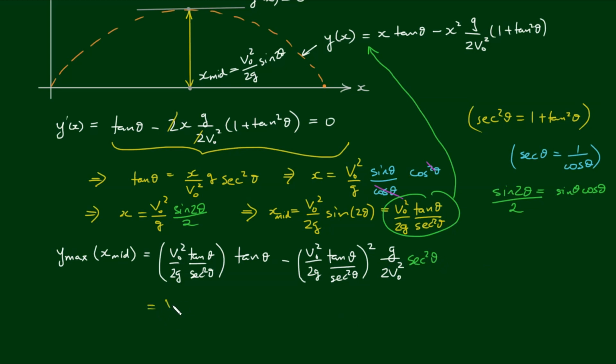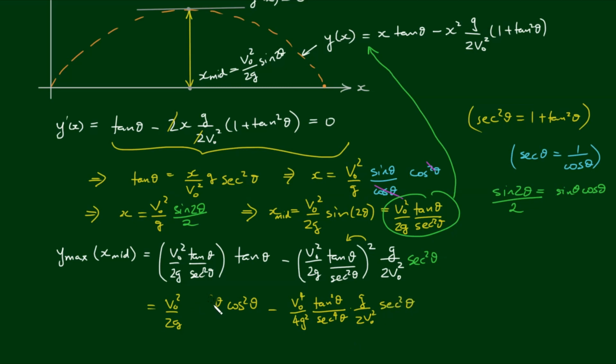Okay, simplifying, we've got v0 squared on 2g by tan theta times tan theta equals tan squared of theta. Sec squared of theta, like last time, I'm going to write as cos squared of theta. Minus, when we take the power into the parentheses, we'll get v naught to the 4th power over 4g squared, tan squared theta over sec to the 4th power of theta, by g on 2 v0 squared by the sec squared of theta.